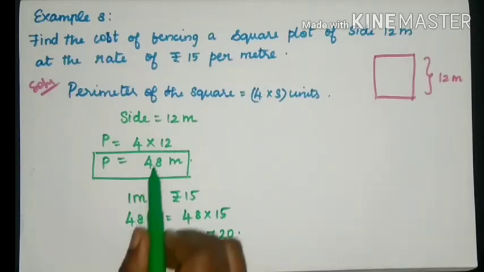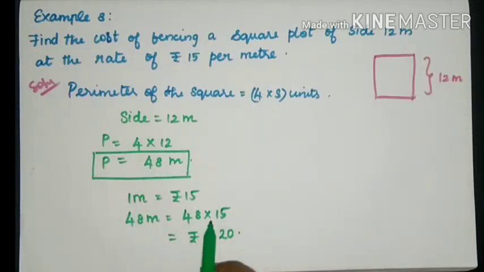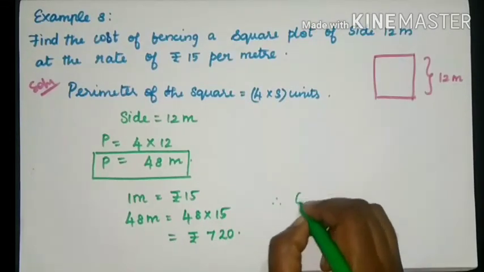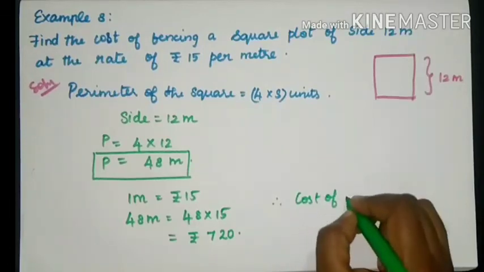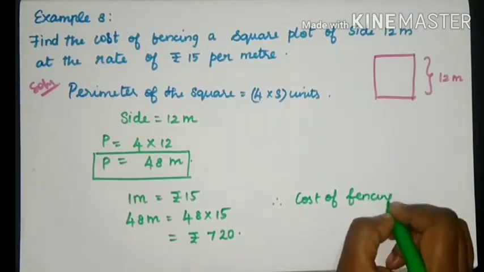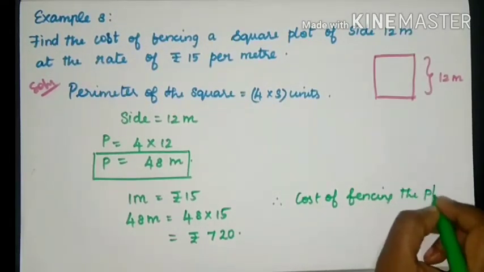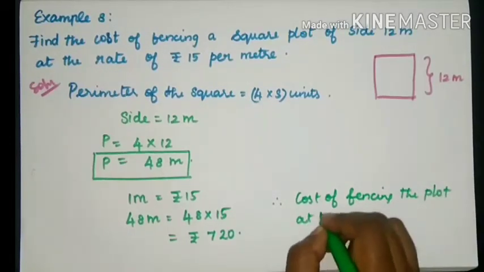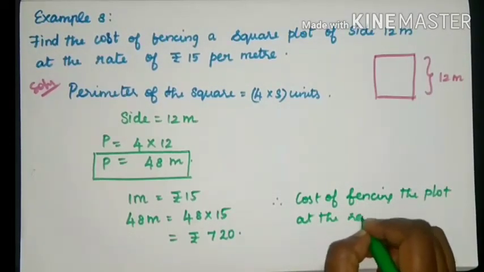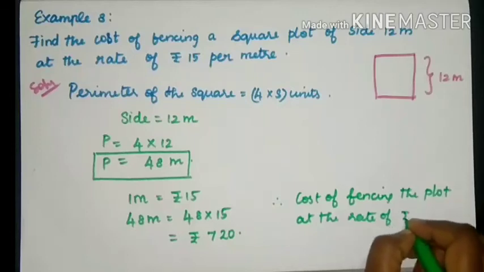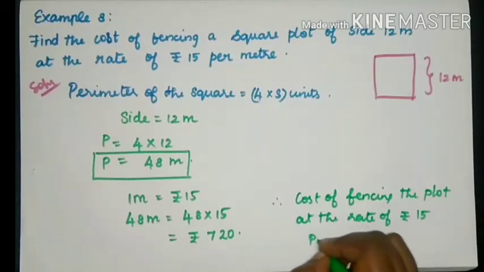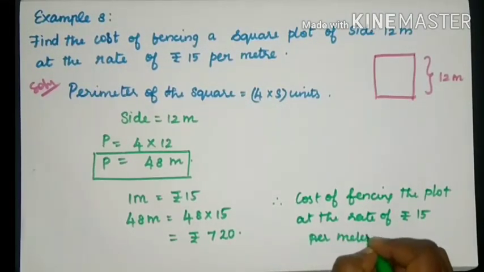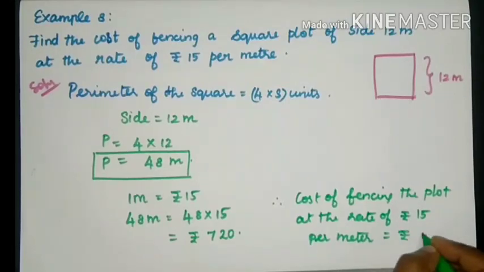We have to find it for 48 meter. Therefore, 48 into 15 is equal to rupees 720. Therefore, the cost of fencing the plot at the rate of rupees 15 per meter is equal to rupees 720.